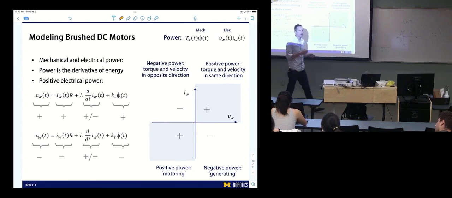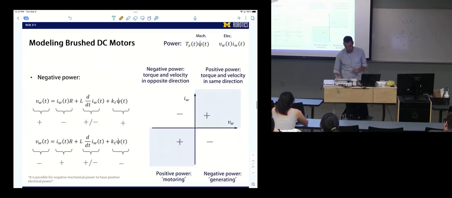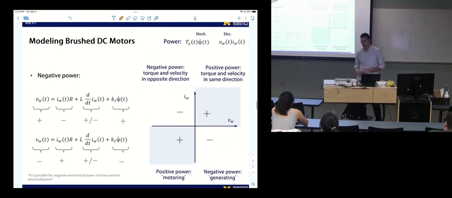In negative power, torque and velocity are in opposite directions, and in positive power, they're in the same direction. And this is just vocabulary. Okay, so this is the negative power version. Same exact concept.